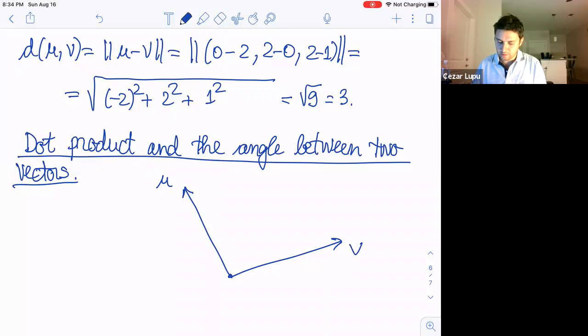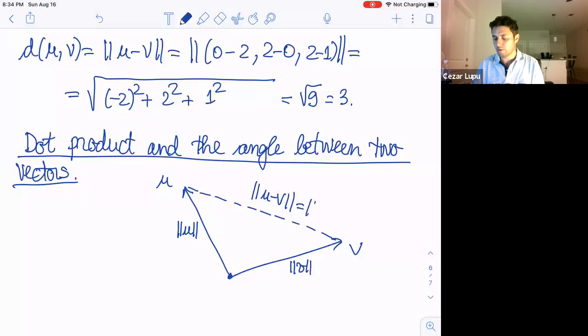As you can see, the distance from the origin to u will be the length of u, and this one to v will be the length of v. And we have seen that the distance between u and v is nothing else than just the length of u minus v, or you can also say it is the same as the length of v minus u. That's the picture.